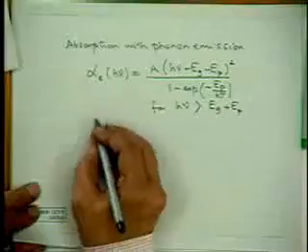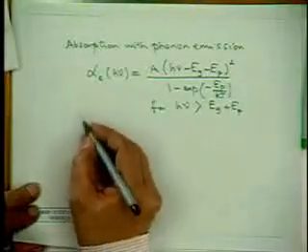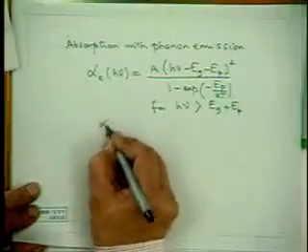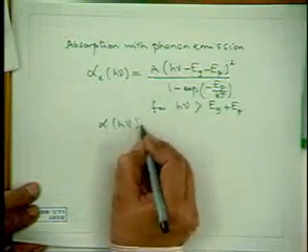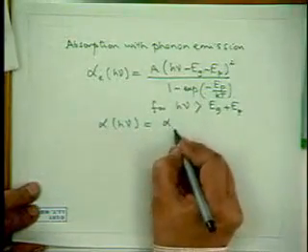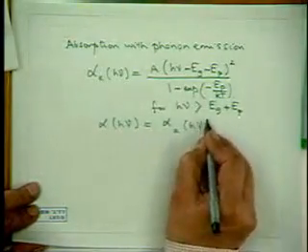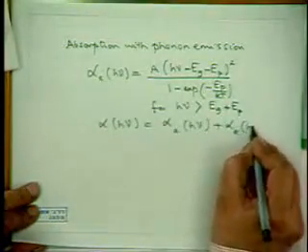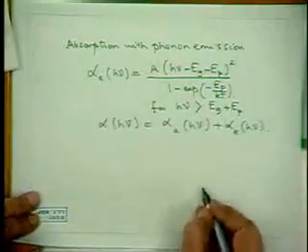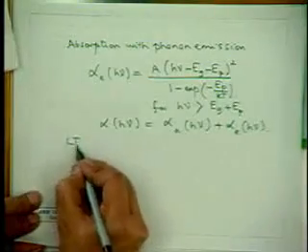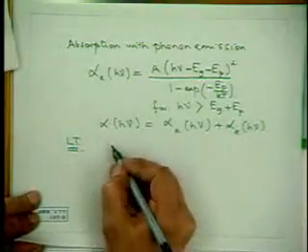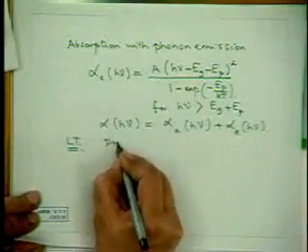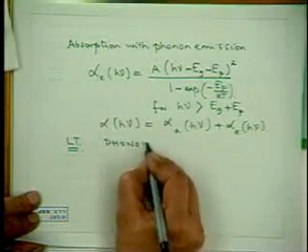Since, if both phonon absorption and phonon emission are possible, then obviously alpha of h nu will be equal to alpha absorption plus alpha emission. Now, at low temperatures, phonon density is very small.